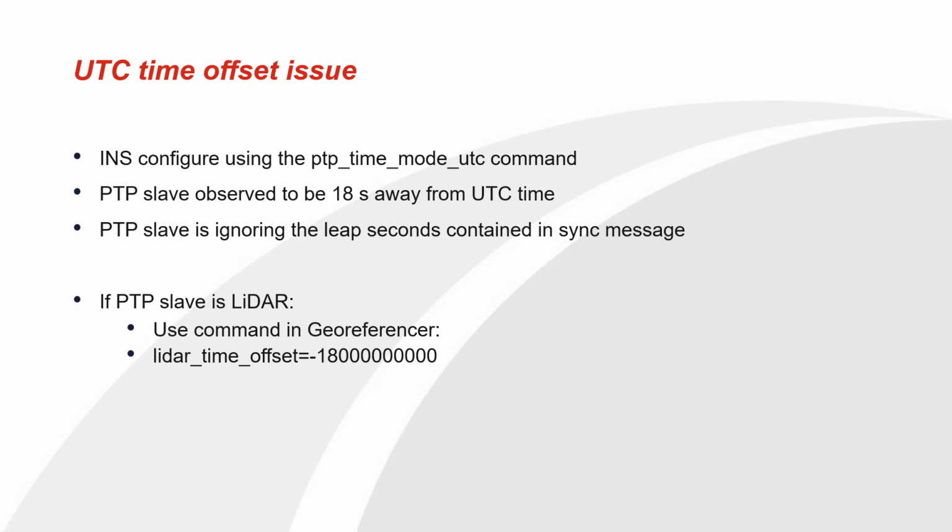For non-LiDAR customers, you can also add the 18 seconds into the actual timestamp signal using the custom offset command. And I'll link an article to that issue later on.